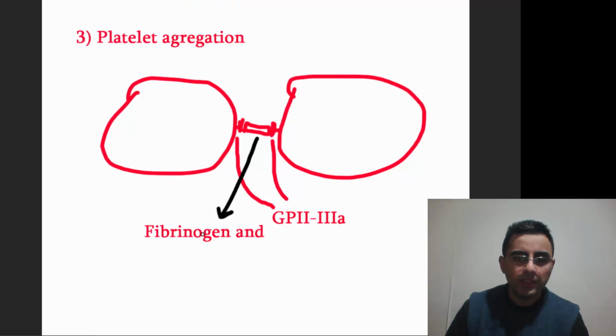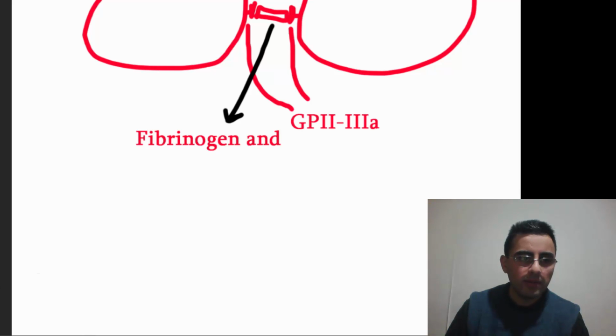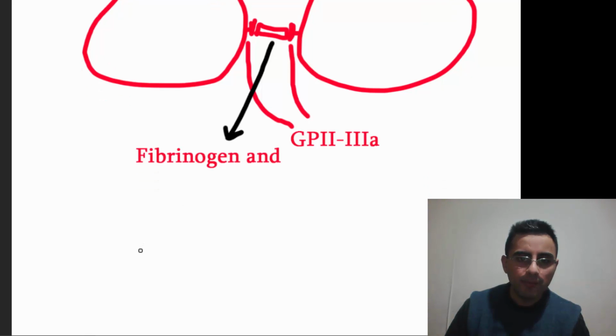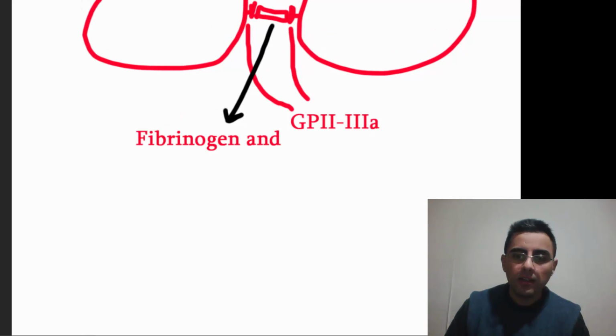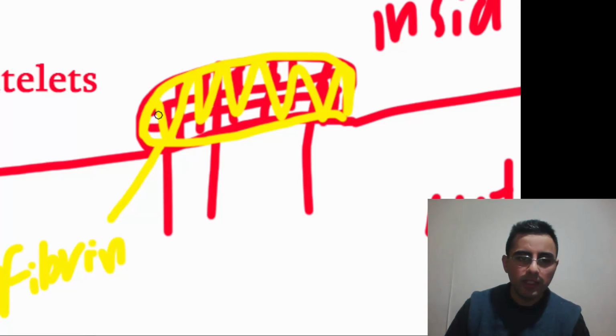When these 3 steps are completed, this platelet plug is not stable, and it may break up easily, so it needs more stabilizing and sticking together, and this function is done by fibrin, as we painted here. Imagine there are many platelets, and these platelets are stabilized by fibrin.